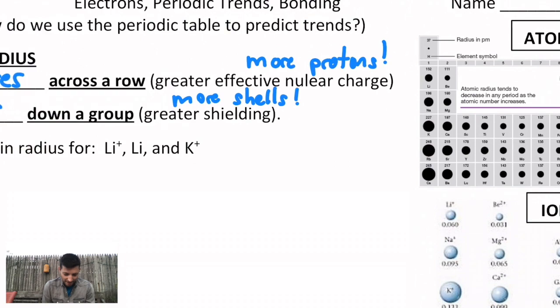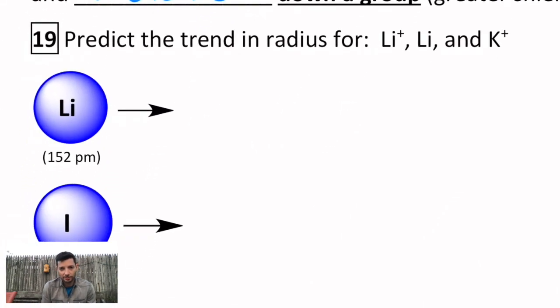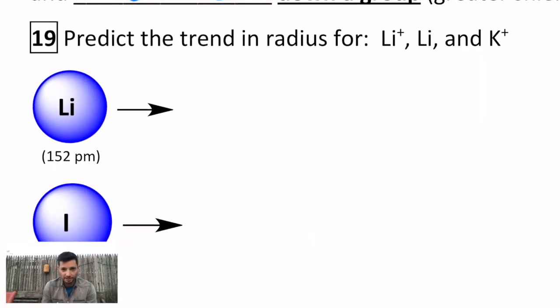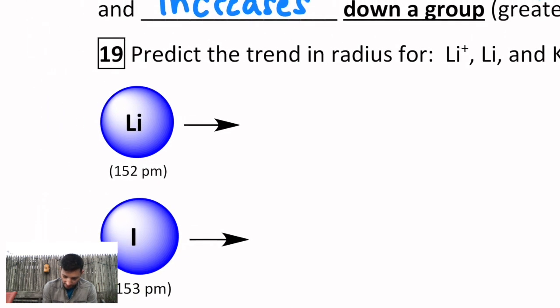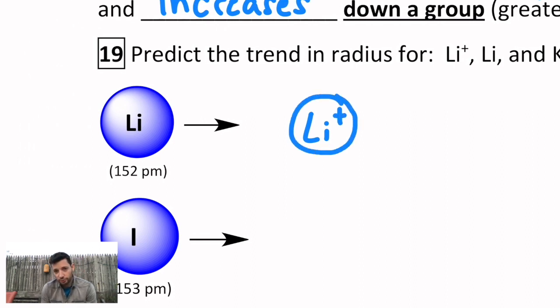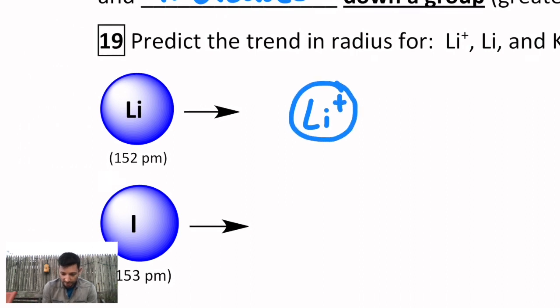Now, in addition to that, there are some trends we should also know about the ionic radius as opposed to the atomic radius. First of all, if you have a neutral atom such as lithium and it becomes a cation, cations are always smaller. So when lithium becomes lithium plus, the atomic radius of lithium is about 152 picometers. The lithium cation is only around 78 picometers.